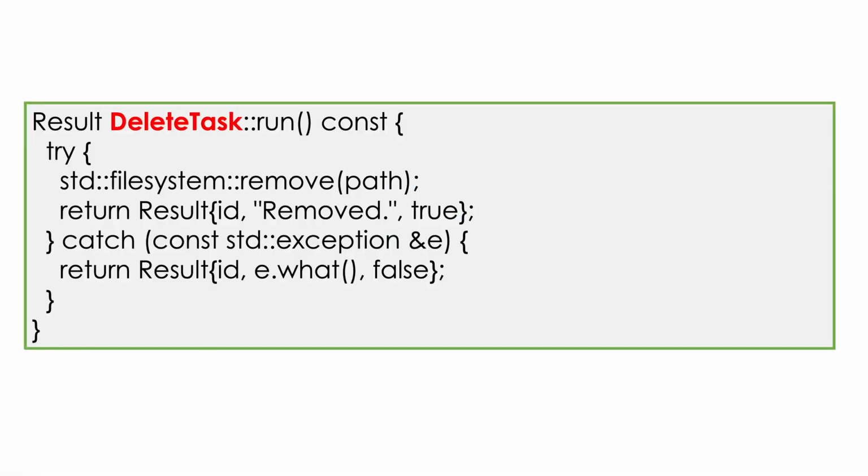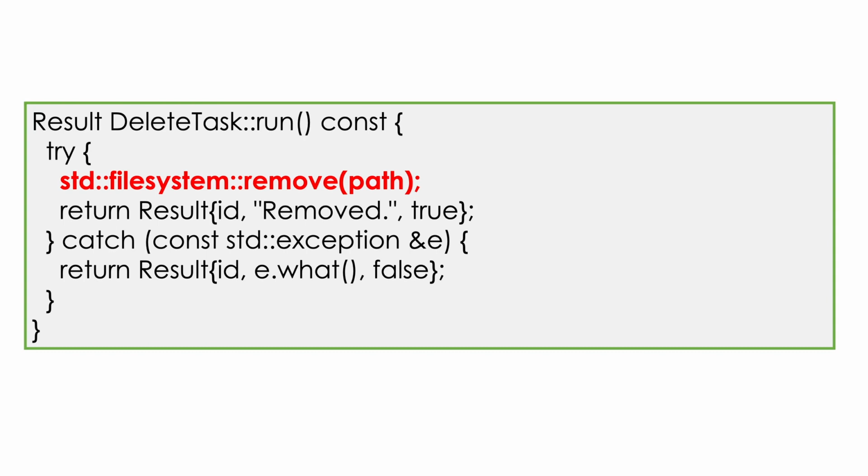Okay, so the next task we have here is the delete task, which is a little bit different from the other ones, in that the system call it's making via the standard library filesystem API is std filesystem remove, which accepts a path argument. In this case, the member variable path, that's a string.